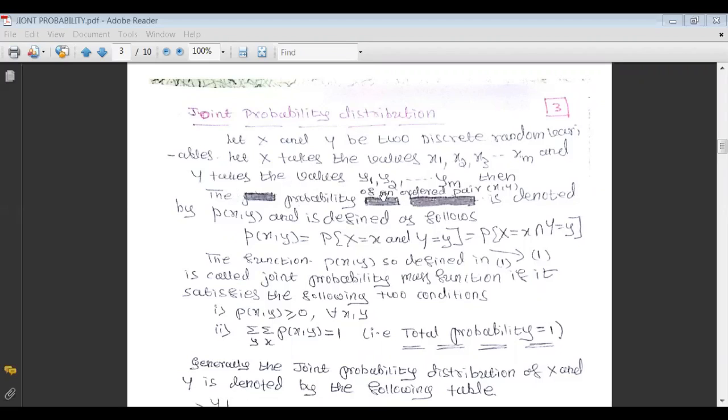Then the probability of an ordered pair xy is denoted as P of xy and is defined as follows.